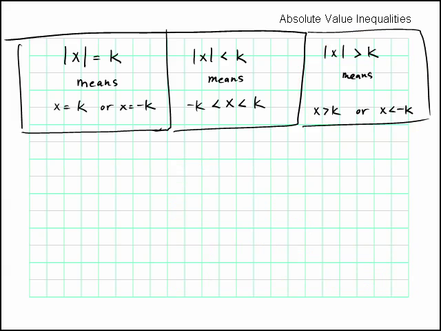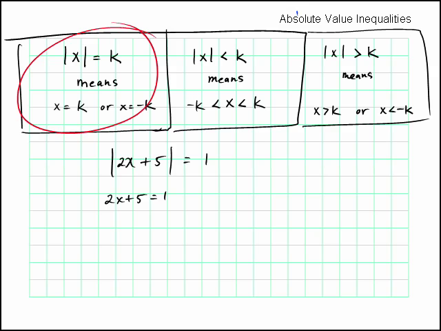All right, let's do another one. Absolute value of 2x plus 5 is equal to 1. This is an absolute value equation, so this is the pattern that works. 2x plus 5 equals 1, or 2x plus 5 will equal negative 1.